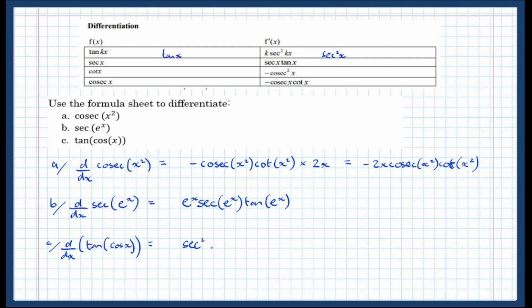So sec squared of whatever's in the bracket times the differential of the bracket times minus sine x equals, let's just tie that up a bit, minus sine x sec squared cos of x. Pretty nasty looking that, but there we go. So that's using the chain rule and the formula sheet when differentiating trig functions.